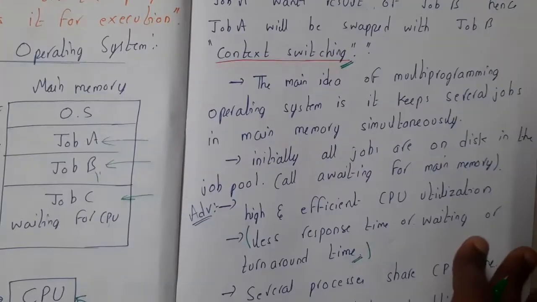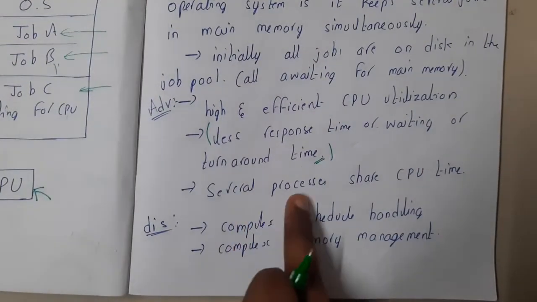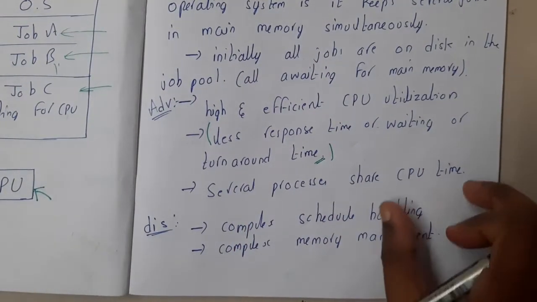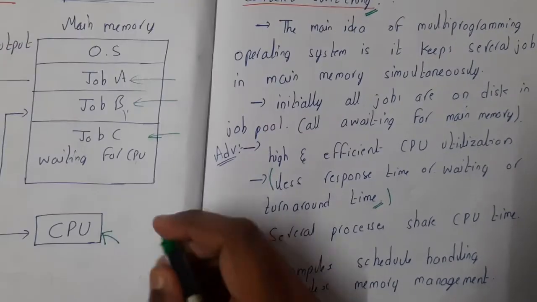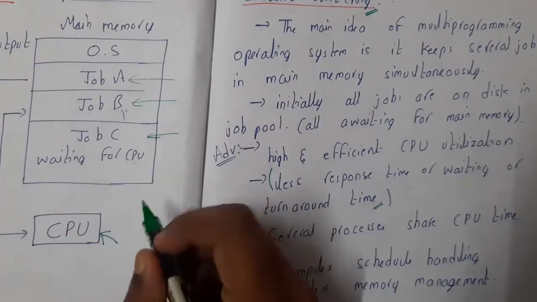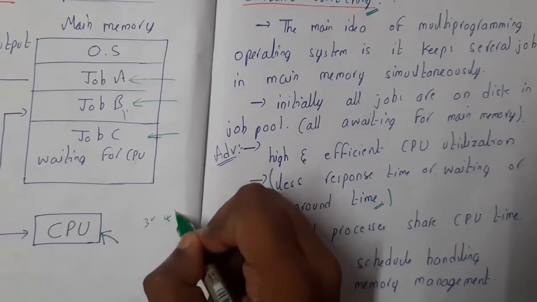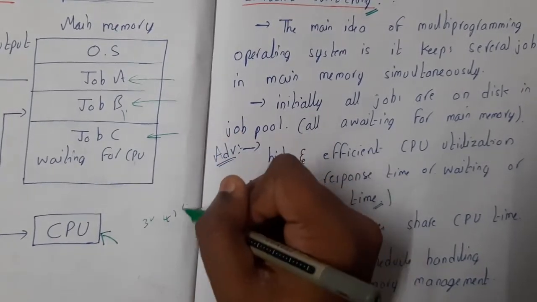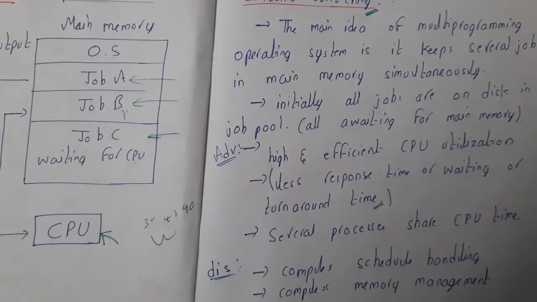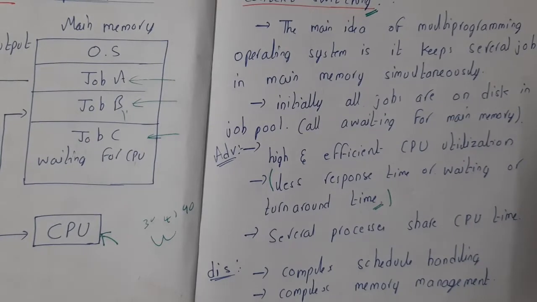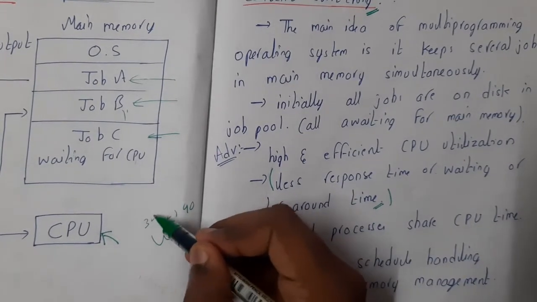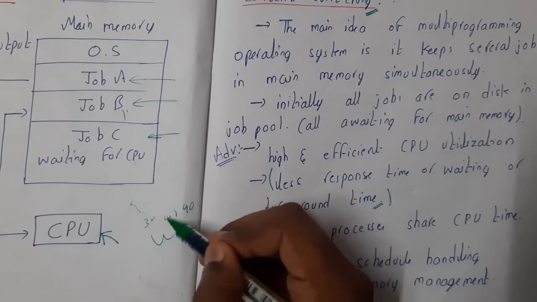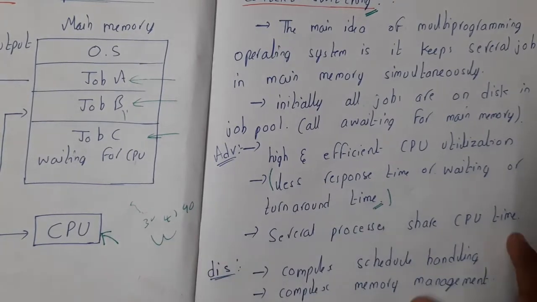So the CPU is used by job A for 30 seconds, by job B for 45 seconds, by job C for 90 seconds. In this way they share it. And assume job A wants something in between; it will go out and give a chance to the next one.